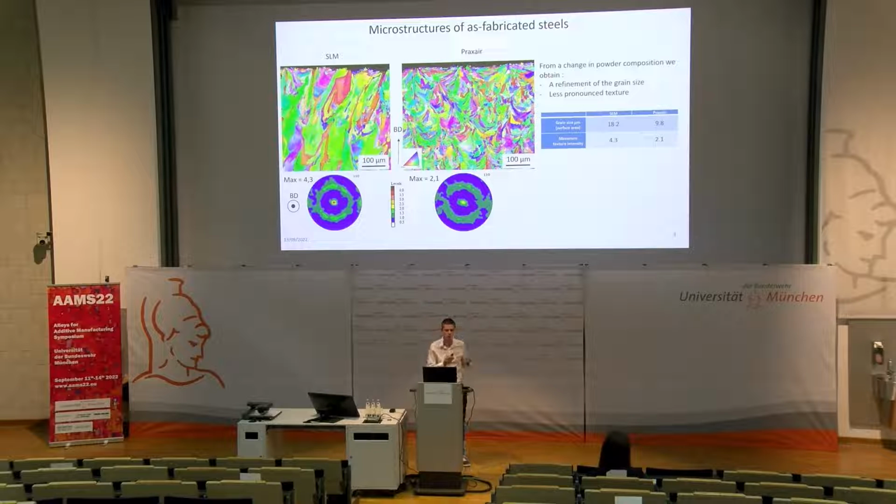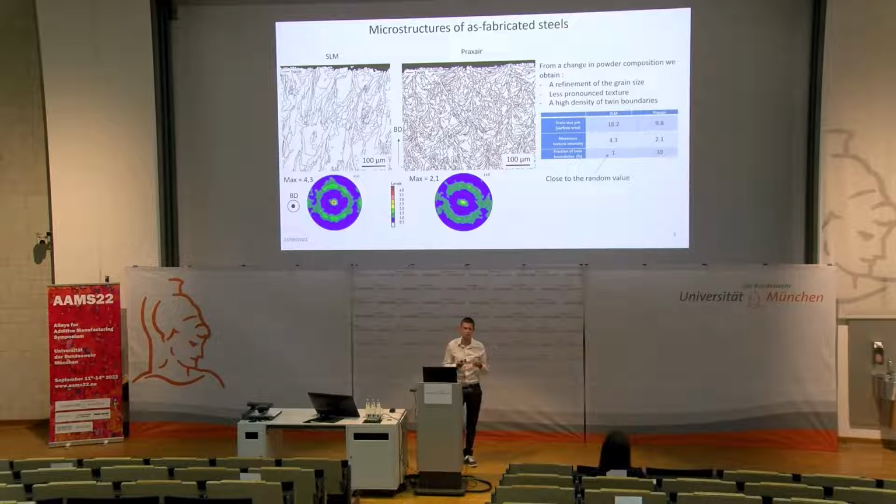But what is the most different between the two steels is the twin boundary fraction. As one can see on this grain boundary map, where in black are plotted the classic grain boundaries, and in red the twin boundaries. In the SLM steel, there is a very low fraction of twin boundaries, around 1%, which is very close to the random value.